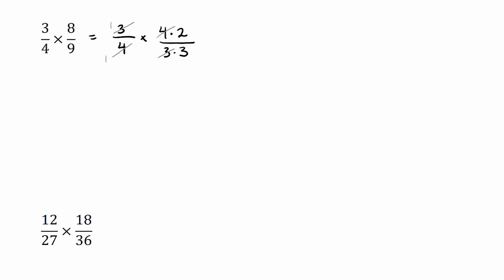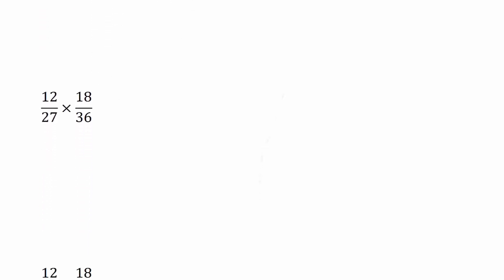Now, if I multiply these two fractions together, I get the 1 that's left over from here multiplied by this 1 multiplied by 2 is 2 over 1 times 3 is 3. So you can see that I get to my answer a lot quicker than multiplying first and then simplifying.